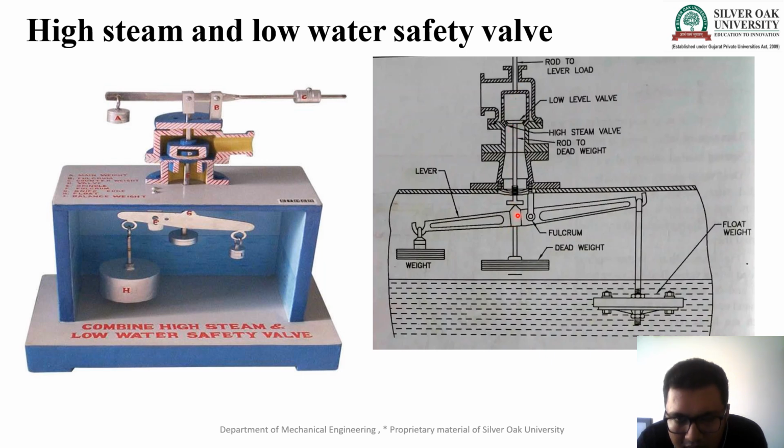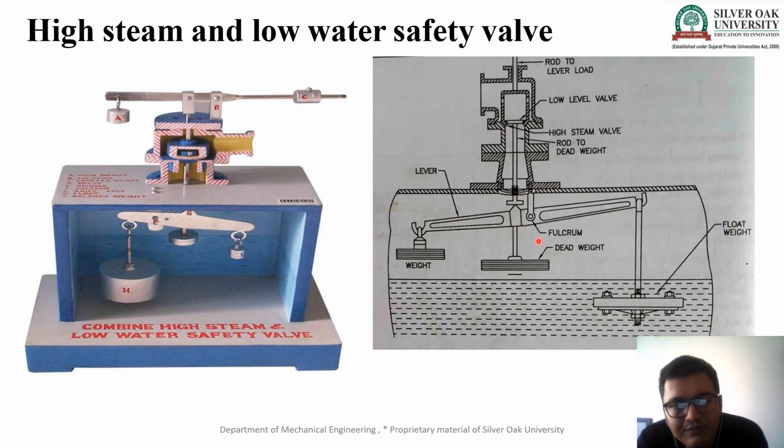If the force is provided to the high steam valve in the upward direction, then the valve is lifted, and the excess steam is transferred from the boiler to the atmosphere and escapes the boiler. So our boiler will not get damaged or go into explosion, or we can consider overheating.